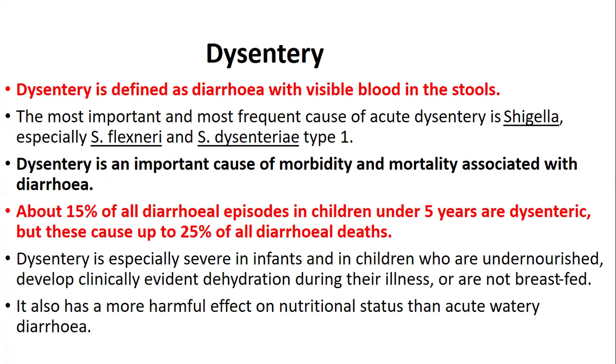Children that develop clinically evident dehydration during their illness, or those that are not breastfed, usually have a very severe illness. It has a more harmful effect on nutritional status than acute watery diarrhea.